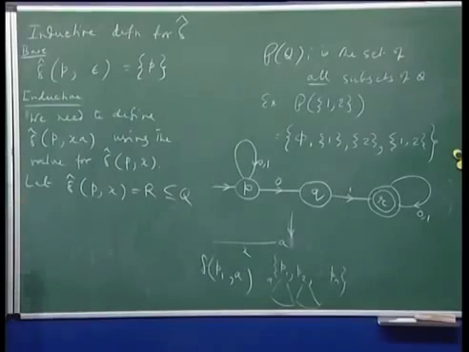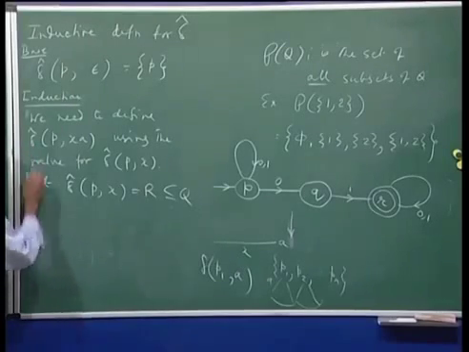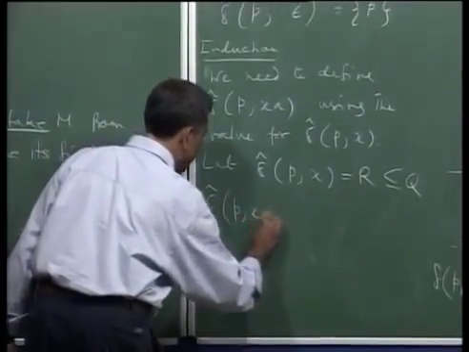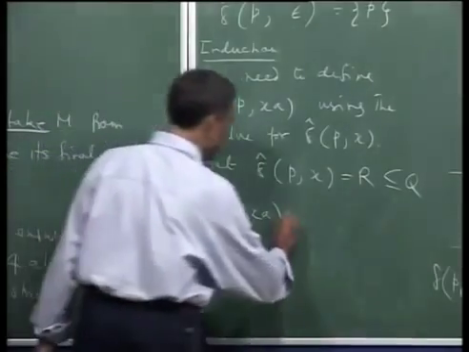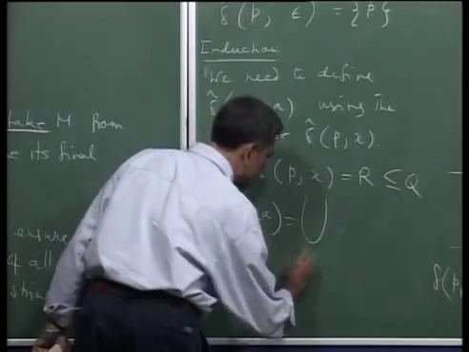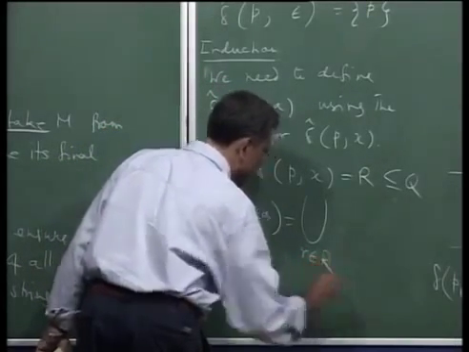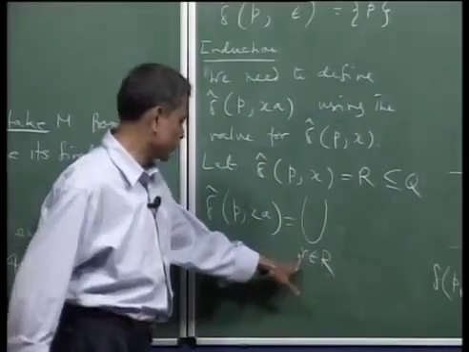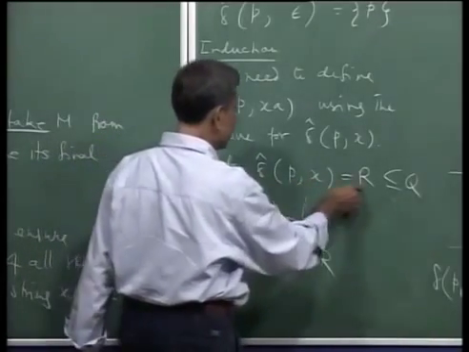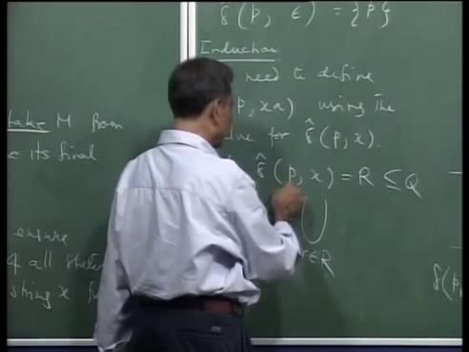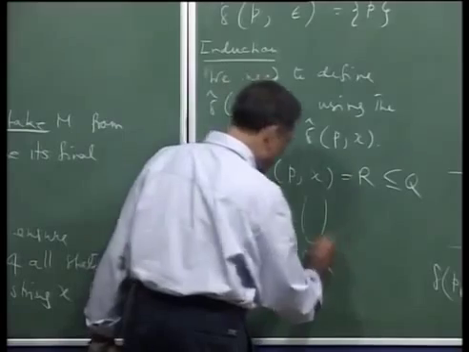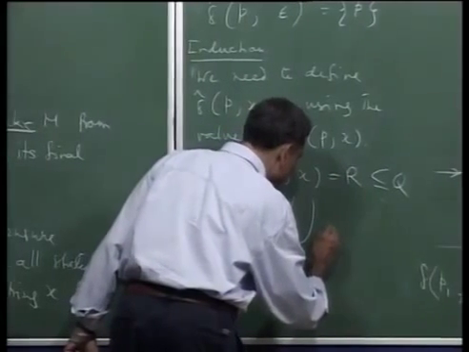So we would write it this way: delta hat of P of xa is the union of, supposing R is a state, an element of capital R. Remember, capital R is the set of states the machine can be in starting from the state P on reading x, and now the next symbol we need to take care of.